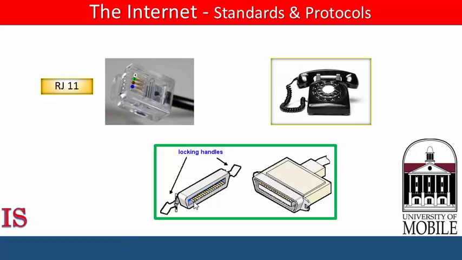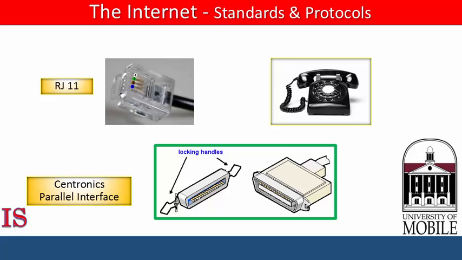The lower image is of an old parallel interface connection for a printer. While this one is no longer used, it was the dominant method for connecting your computer to a printer for many years. It's called a Centronics parallel interface. In the 1970s and 80s, Centronics was a major manufacturer of printers, and their product was one of the most common found in the industry.